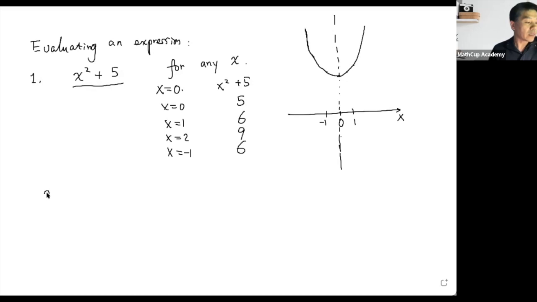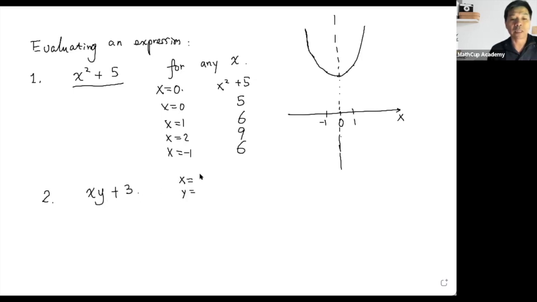Okay, let's look at another expression, a variation of that. How about the expression x times y plus 3? Now, this has two variables. So to evaluate this expression, we have to know what x is and what y is.